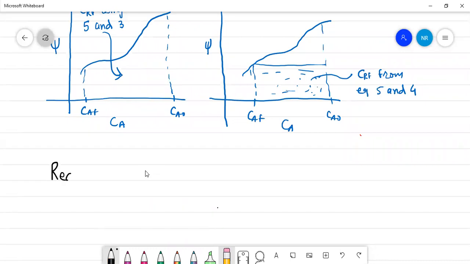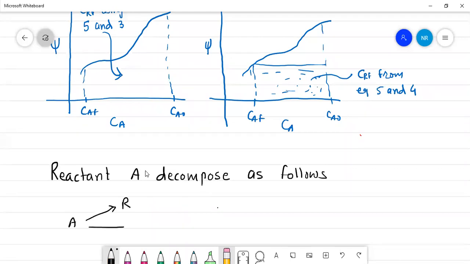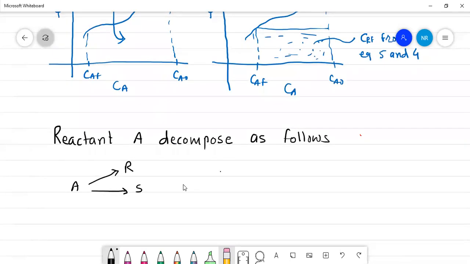Reactant A decomposes as follows: A gives R, A gives S, and A gives T. rR is equal to 1.